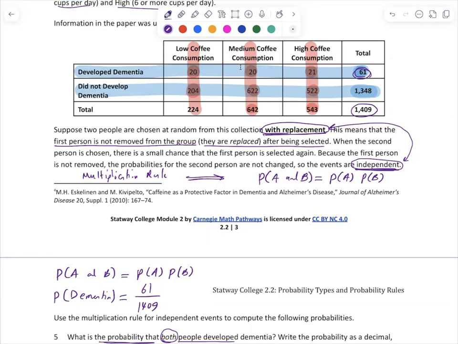Again, the same multiplication rule. What is the probability that all three people develop dementia.